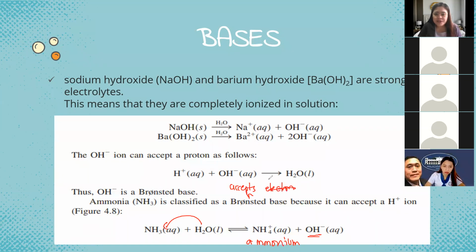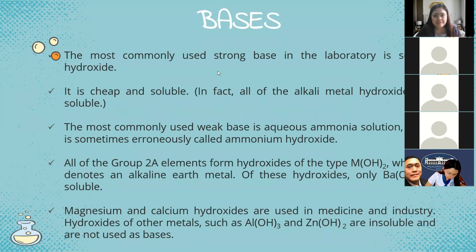Ay, sorry. Proton. Ayan. It can accept proton. And we are referring to hydrogen as the proton. Naging NH4 na siya. So, naging positively charged siya. So, even though si ammonia walang OH, Bronsted base pa rin siya.